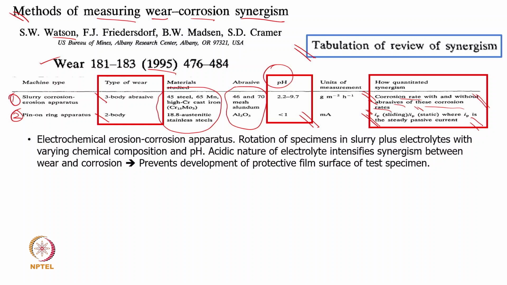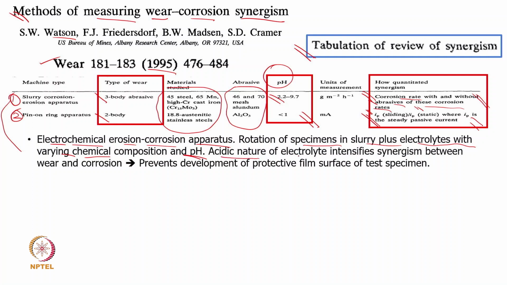So in the first case, as I said, the slurry, they used an electrochemical erosion-corrosion apparatus. They rotated the specimen in slurry, which also contains electrolyte, and then they changed the chemical composition and pH level. You can see here the pH varying from 2.2 to 9.7. What are the recommendations?